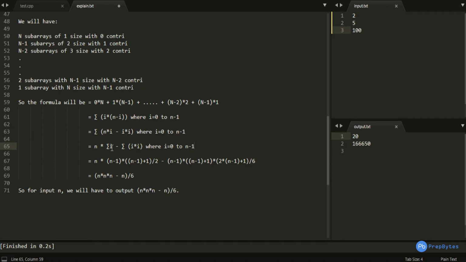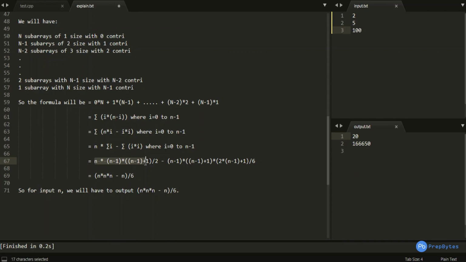Now the summation of i is nothing but n into n plus 1 by 2, and the summation of i square is nothing but n into n plus 1 into 2n plus 1 by 6. So that's what we have written here for n minus 1. It's n into n minus 1 into n minus 1 plus 1 by 2 minus n minus 1 into n minus 1 plus 1 into 2 into n minus 1 plus 1 by 6.